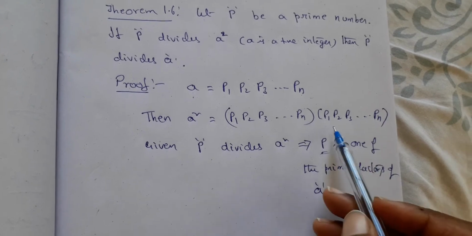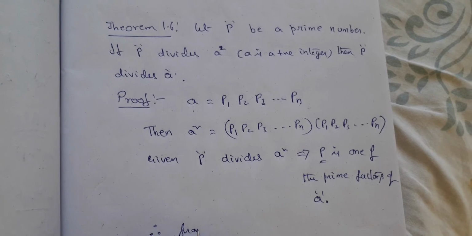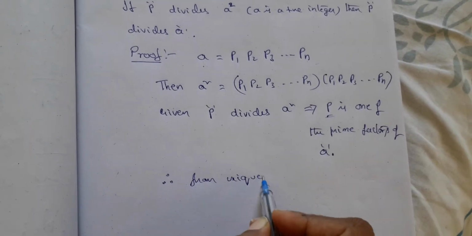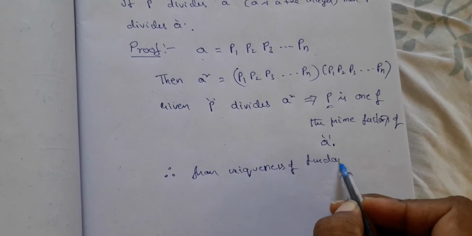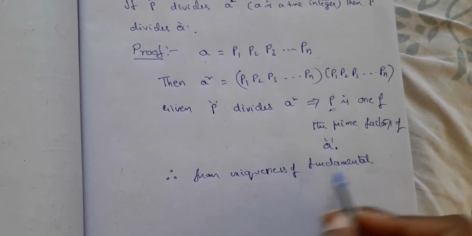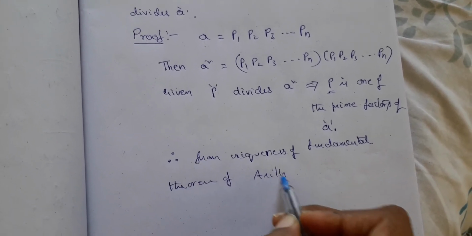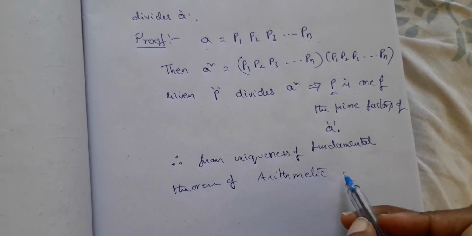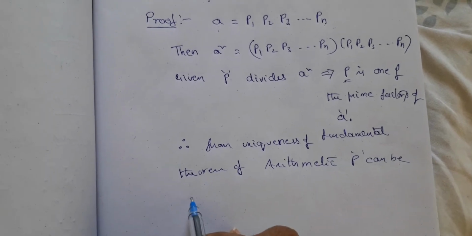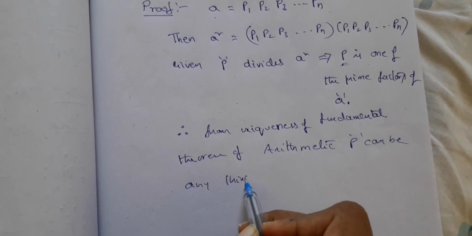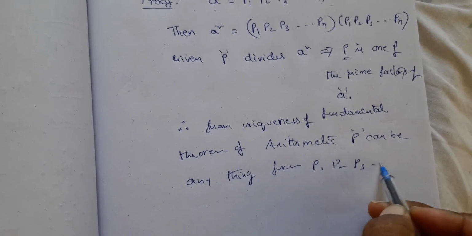So therefore, from the uniqueness of the fundamental theorem of arithmetic, what can we write? P can be anything from P1, P2, P3, etc. Pn.